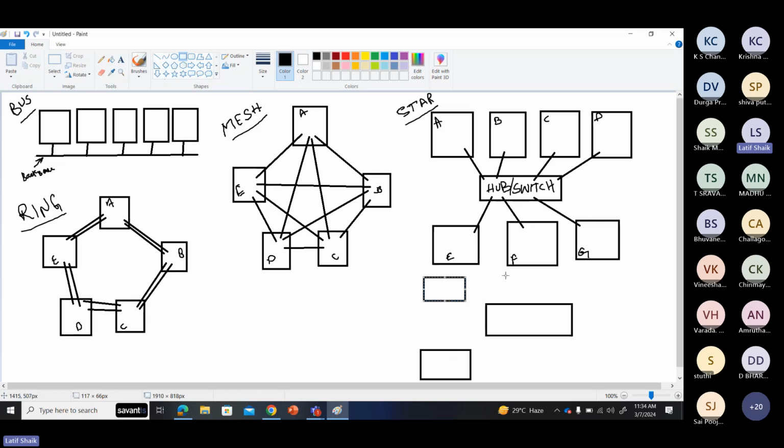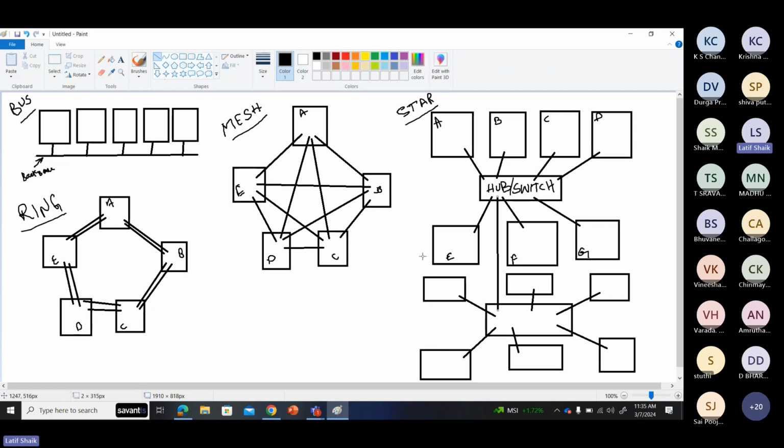So I take another 24 port switch. The remaining new devices I will connect to the other switch, and make a connection between these two switches.